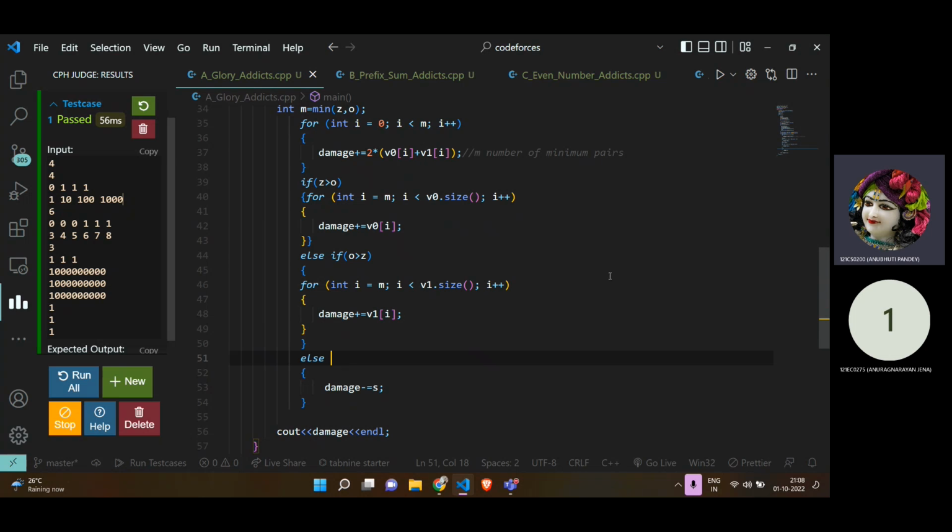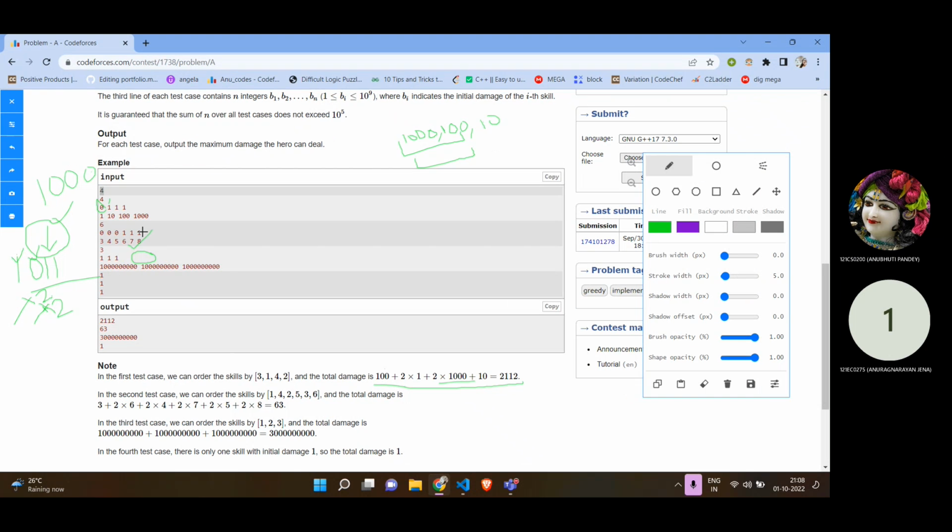Now here comes the edge case. If both the number of skills of 1 and 0 are equal, in this case, we have 3 skills of type 1 and 3 skills of type 0. So you can see that each and every skill is multiplied with 2, except the first one. It's the smallest skill out of this whole lot, because we need the maximum damage.